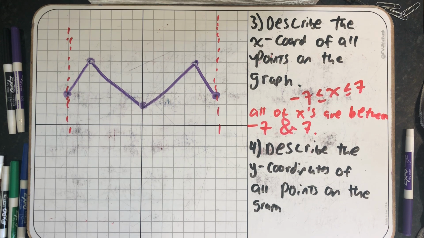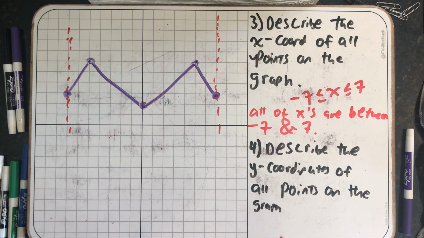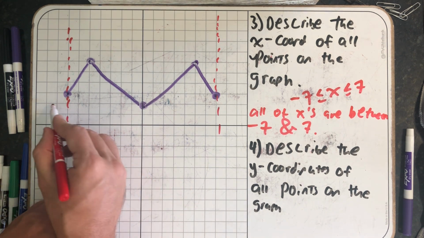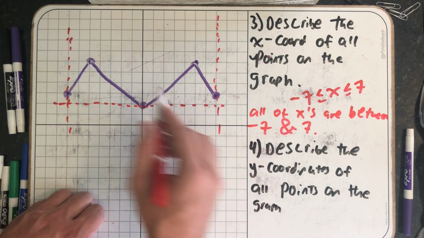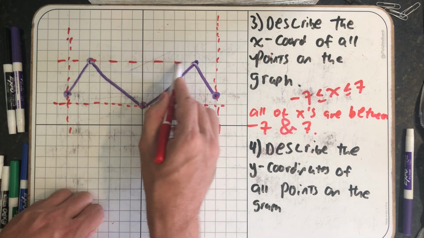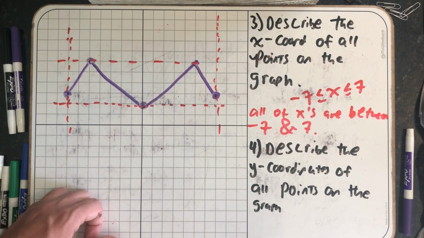All right, describe all of the y-coordinates for the points on this graph. Well, I think you can figure out what I'm going to say here, and why don't you pause the video and see if you can describe these points in the same way I did there. All right, well, looking at the graph, all of my y-coordinates seem to be between positive 2, 3, 4, 5, 6. So between 2 and 6.